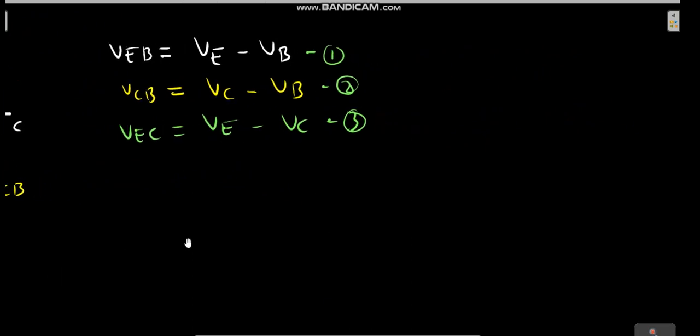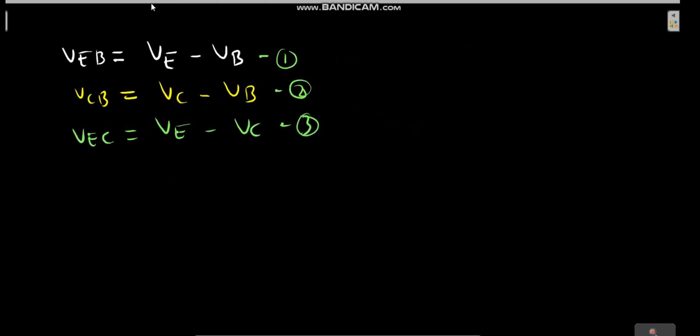Okay, so now let's go ahead and look at what is going to happen here. First of all, I'm going to take the first equation, which is VEB. You know VEB equals VE minus VB here. But in this last equation, we have VE here. So let's make VE the subject. Let's take this to this side.